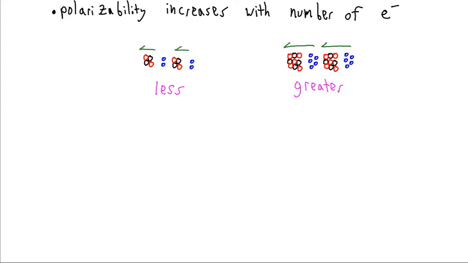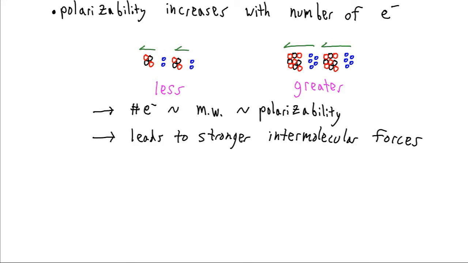And since the number of electrons is roughly going to increase as the molecular weight increases and we have more protons, that means that the polarizability of the molecule is also going to tend to increase with the molecular weight, and that's going to lead to stronger intermolecular forces. As evidence of this, consider the boiling temperatures of the noble gases.